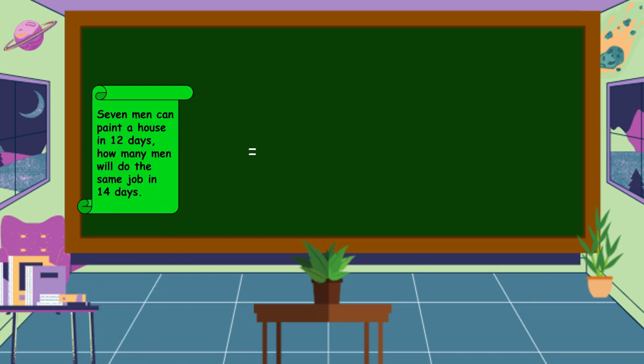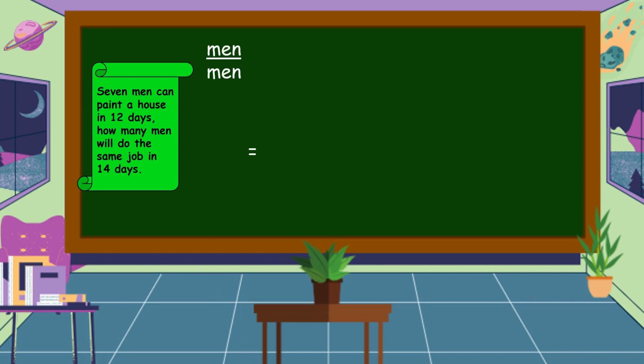Let's solve the problem. First we're going to write the ratios. In writing the ratios of an inverse proportion, it looks like this. For the first statement, 7 men can paint a house in 12 days. So, we're going to write 7 here, and opposite to the other side is the number of days.